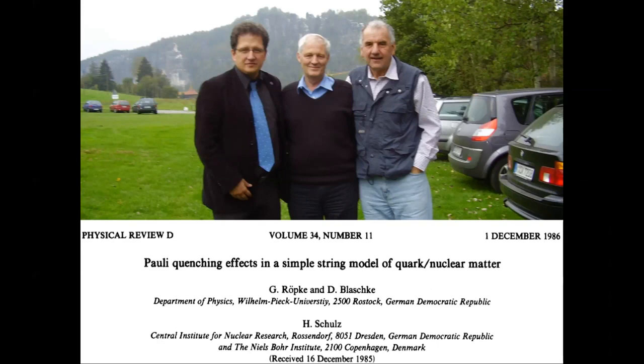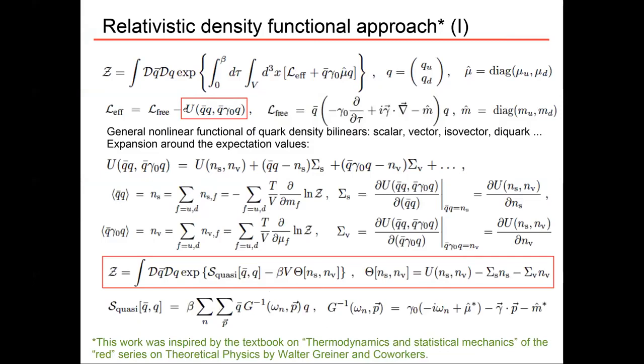Nowadays, we have a relativistic formulation using the path integral and an energy density functional U, which depends on quark bilinears, which correspond to scalar or vector densities, which, as we know, should be obtained as derivatives of the thermodynamic potential.